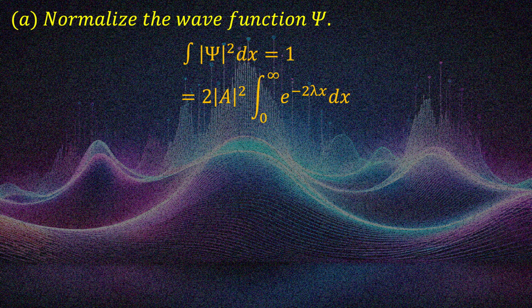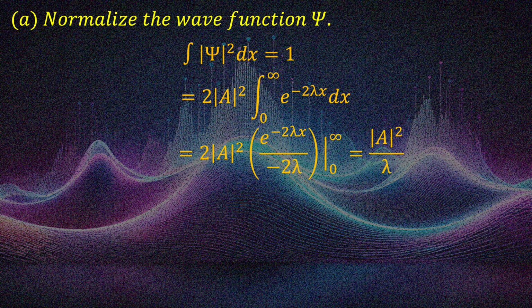We're integrating from minus infinity to plus infinity, but this is symmetric, so you can just say from 0 to infinity and multiply by 2, and this is the square of your normalizing factor A. This is a very trivial integration, and you can do it. When you plug all those values in, you get the integral equal to A square over lambda, that should be equal to 1, and you get A should be the square root of lambda.